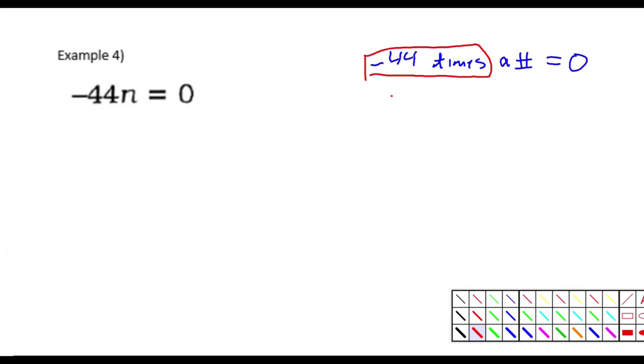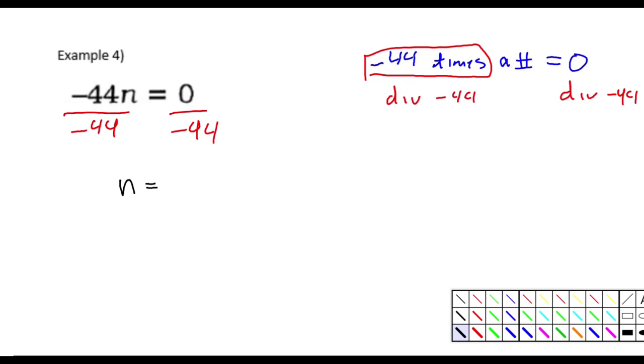We can divide. So just do the inverse operation, divide by negative 44, and make sure you do it to both sides so that way it's balanced. Divided by negative 44. So what do I get? Negative 44 and negative 44 simplify out, and my answer for this problem is n is equal to 0.